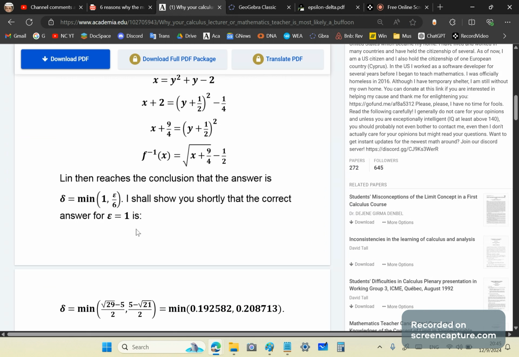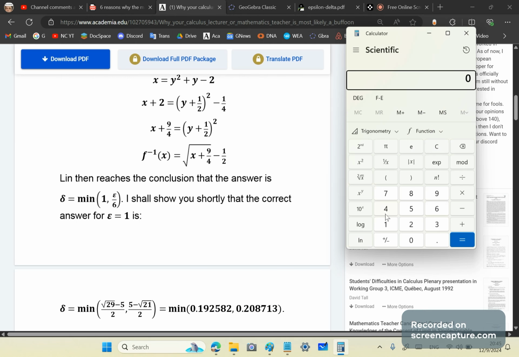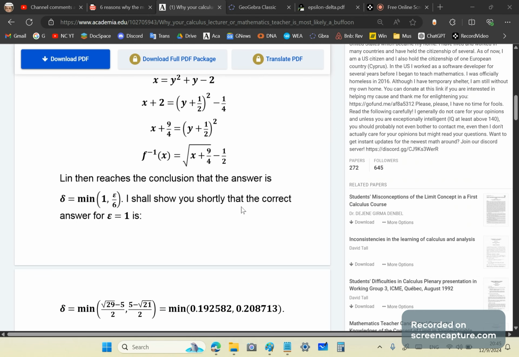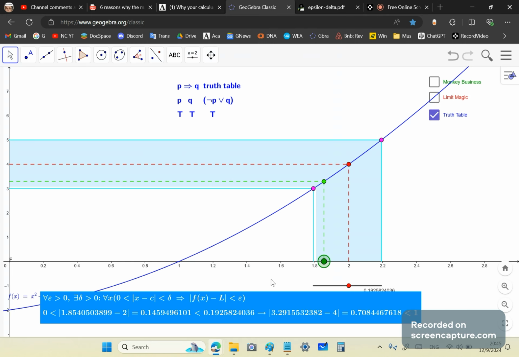That doesn't work because if epsilon is 1, then it's 1 over 6, which is approximately 0.16, isn't it? All right, let's see. 6 inverse. So yeah, 0.1666. Let's just say to a few digits. Okay. So this is not true because there are deltas bigger than epsilon over 6. And here they are.